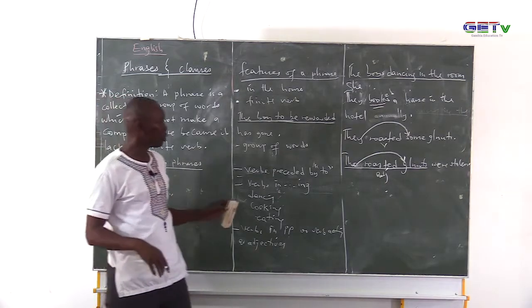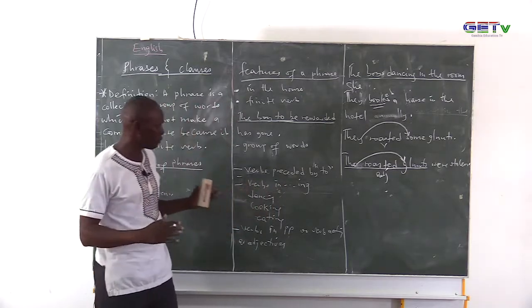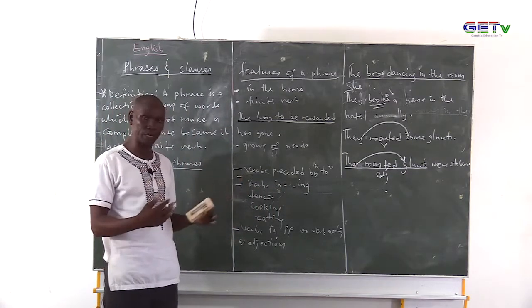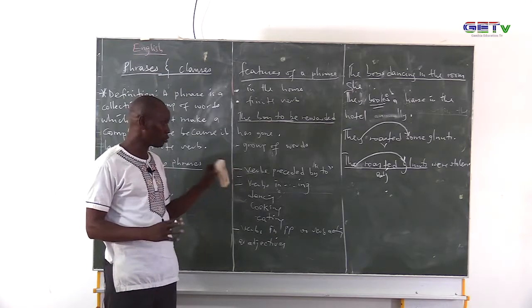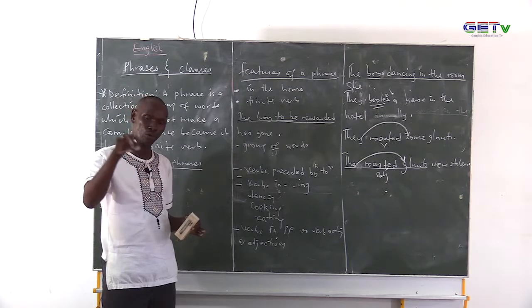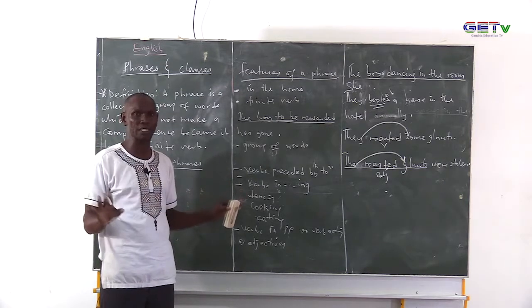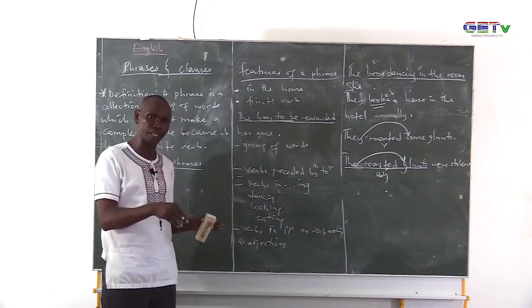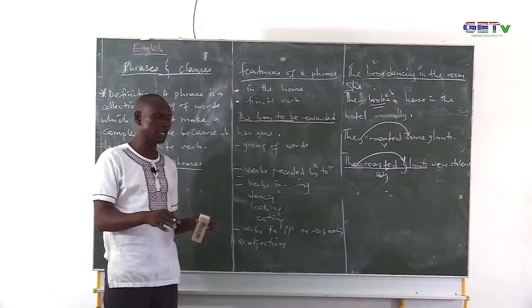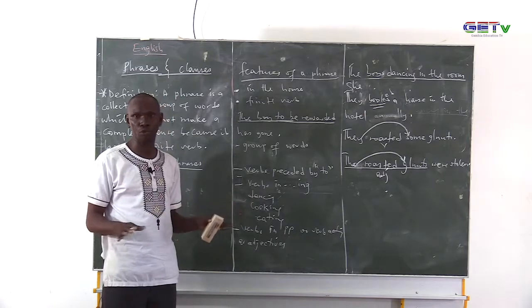Now, we also spoke about non-finite to finite. We'll discuss that in detail when you come to clauses. Take note, any verb that changes to agree with the subject or time is finite, as simple as that. But if the verb fails to change once the subject or the tense changes, then it is a non-finite verb.